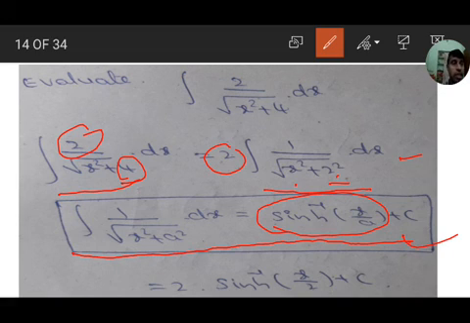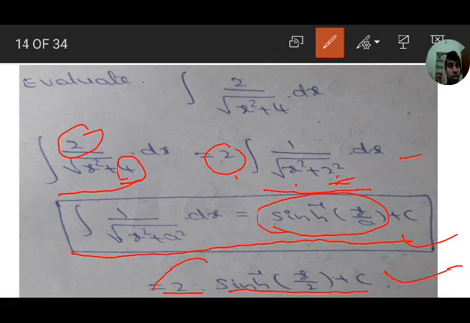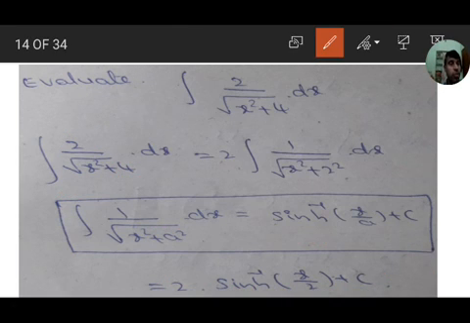Here a means 2, so 2 into sinh inverse x by 2 plus c is the answer, with 2 as the coefficient as it is.